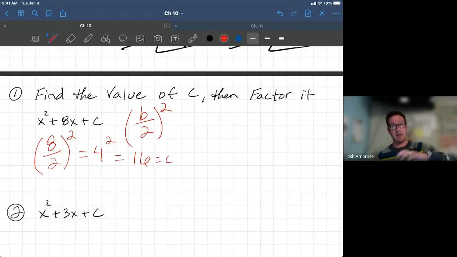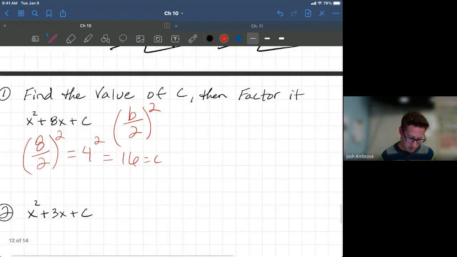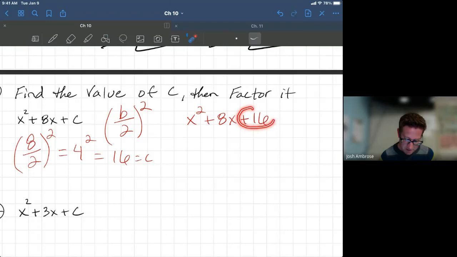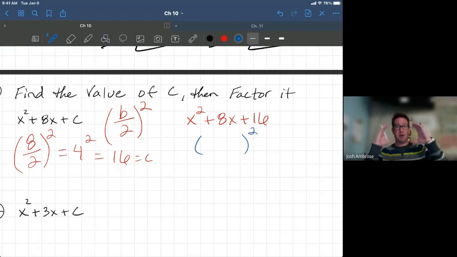Now plug that back into the trinomial because now it's a perfect square trinomial. So we now have x squared plus 8x plus 16. I always want to make sure you understand that new C value is always plus. So that's plus and then 16. Now we have to factor it. And this one, it's going to be binomial squared because perfect square trinomials are always the binomial, then squared.